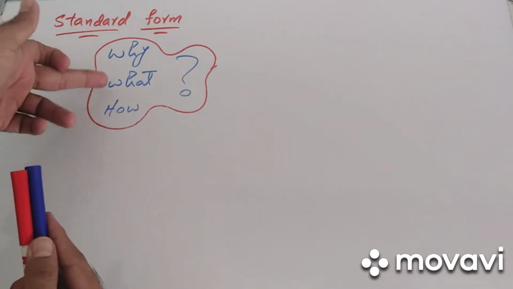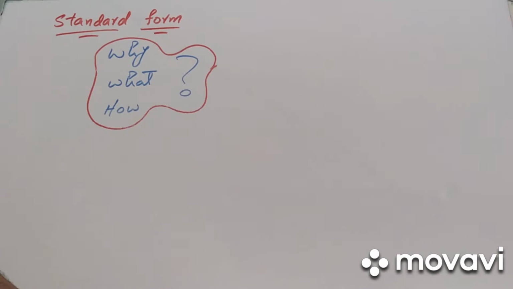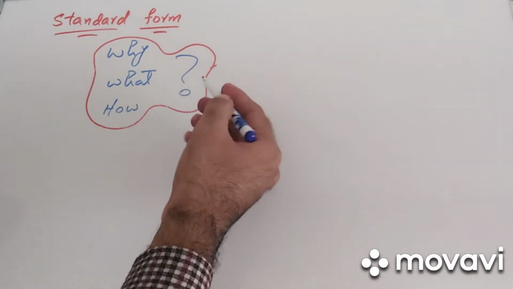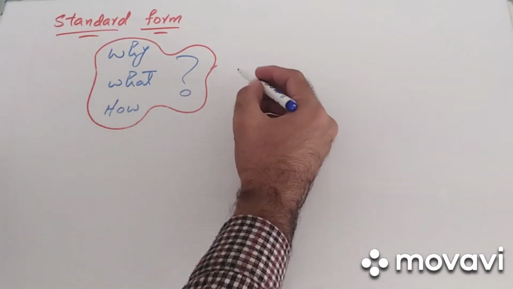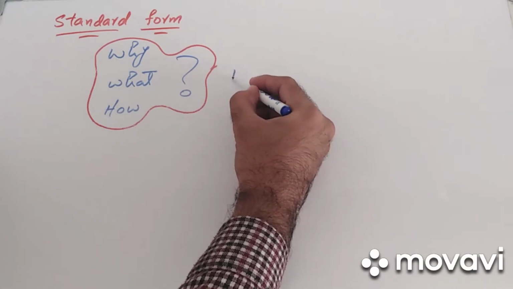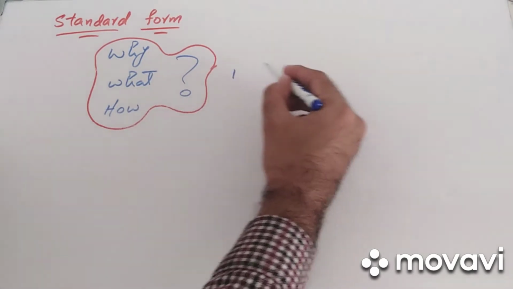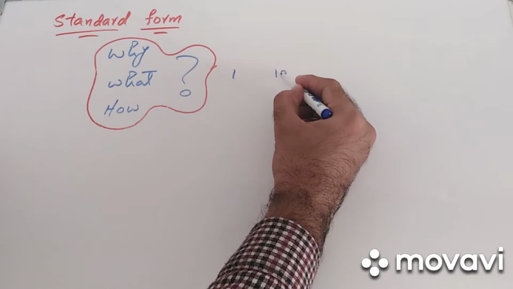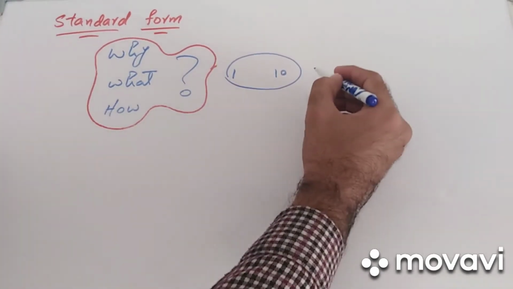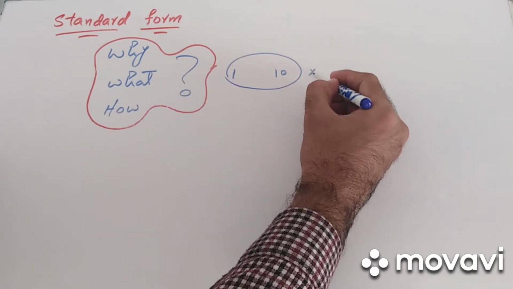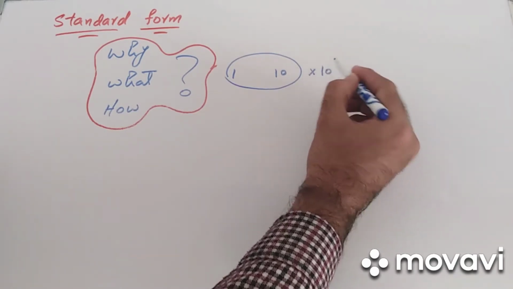The next thing it says, what is the standard form? The standard form is a way where we write or compress a number so that it is between 1 and 10, and this is multiplied with a power of 10.